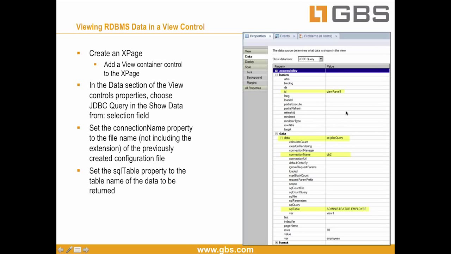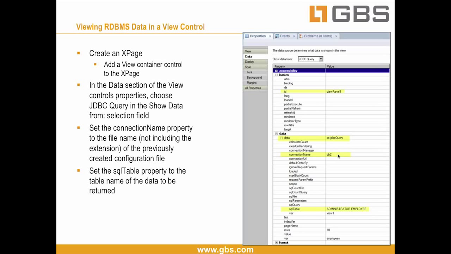Now, it's really simple at this point because of this interface. In the connection name, you can simply put in the name of the configuration file that you created in the previous step. And then, because I'm connecting to the sample database, I want to return all the information from the SQL table called, in this case, administrator employee.